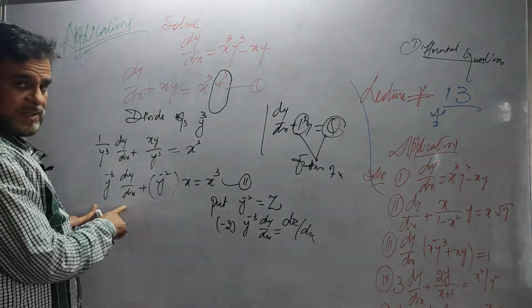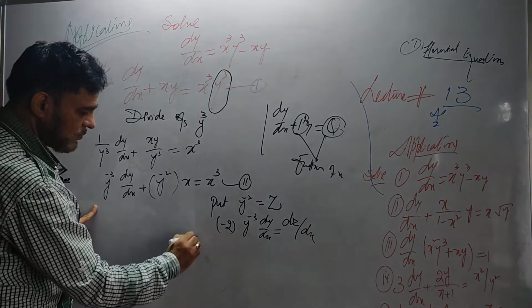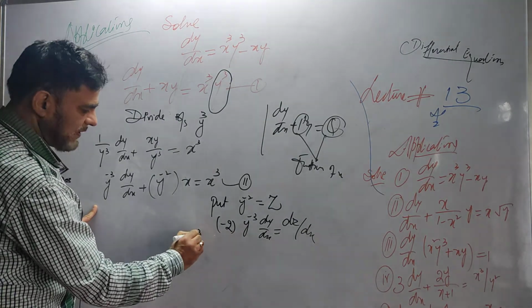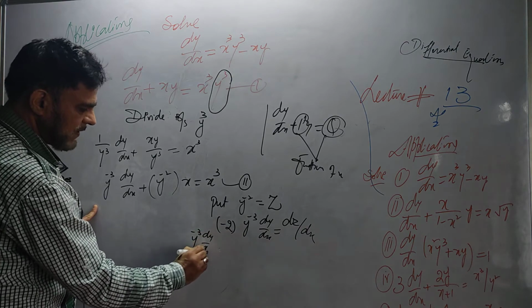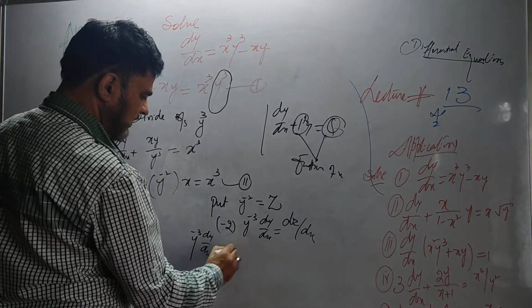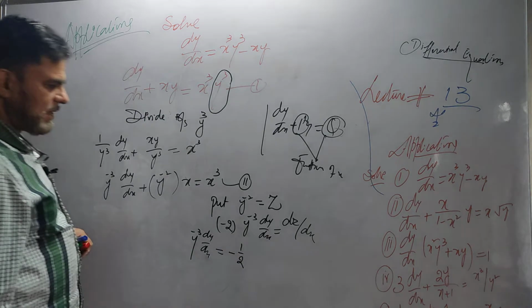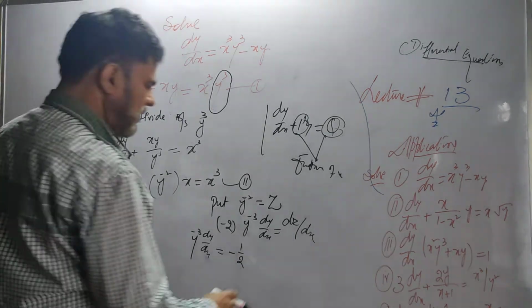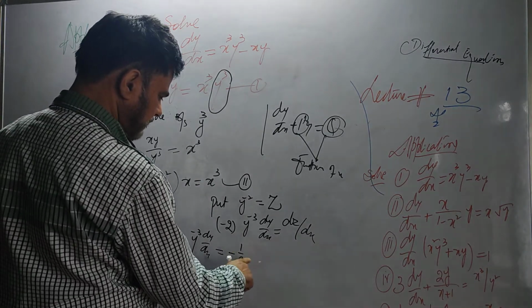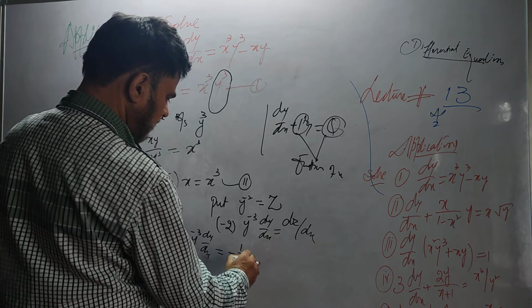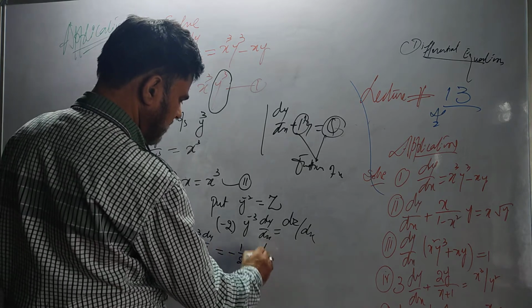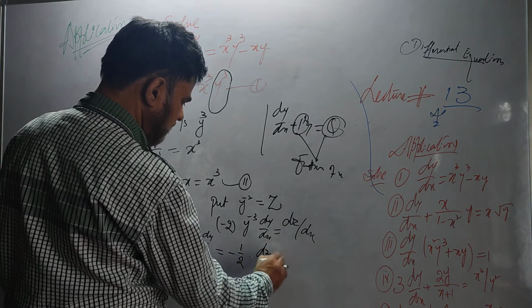But I want to find this, so I get y raised to the power minus 3 dy by dx is equal to minus 1 by 2 into dz by dx.